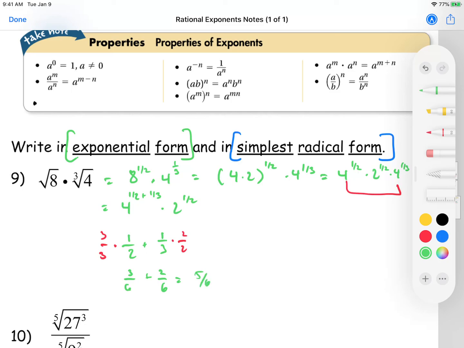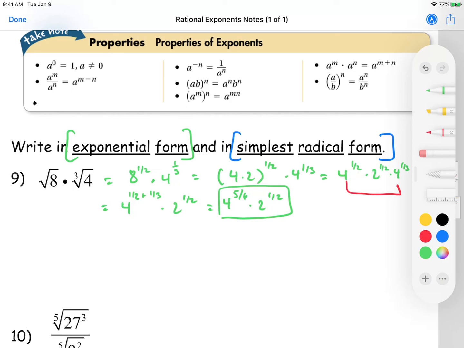Okay? So this now becomes 4 to the 5/6 times 2 to the 1/2. And that's an exponential form.